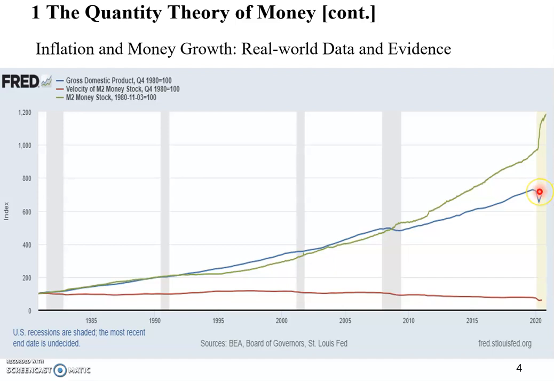It's above 700. That means in 2019, the nominal GDP in that year is 7 times higher than that in 1980.